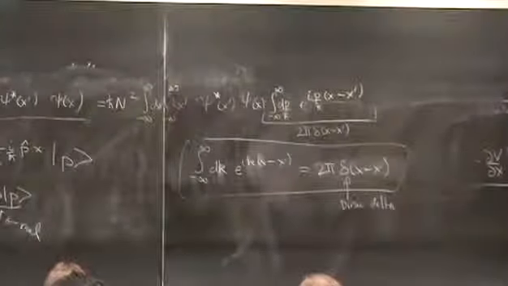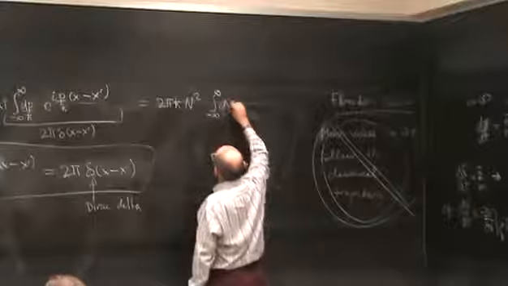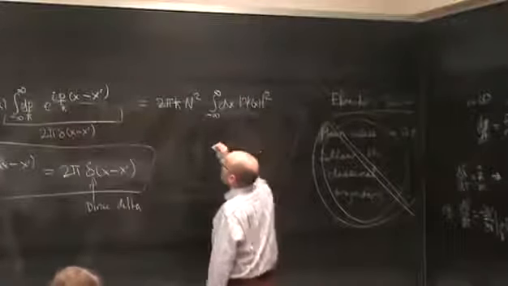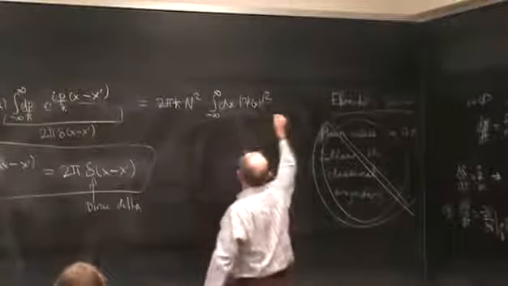When I integrate over the delta function, x prime, wherever I see an x prime, it gets replaced by an x. So this becomes 2 pi h bar N squared, the integral from minus infinity to infinity dx of the integrand squared, which is equal to 1.